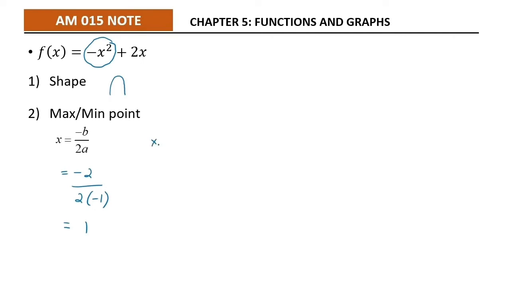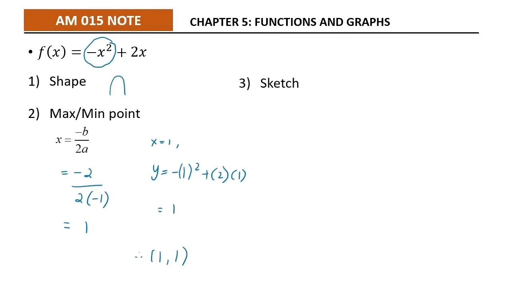When x equals 1, y equals negative 1 squared plus 2 times 1, so y equals 1. Therefore, the maximum point is (1, 1).